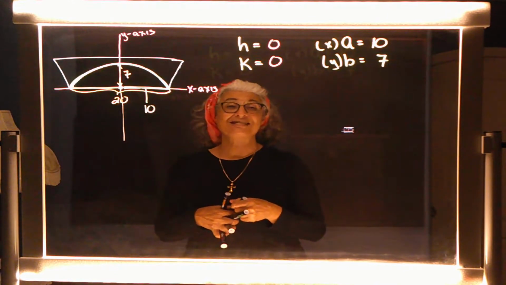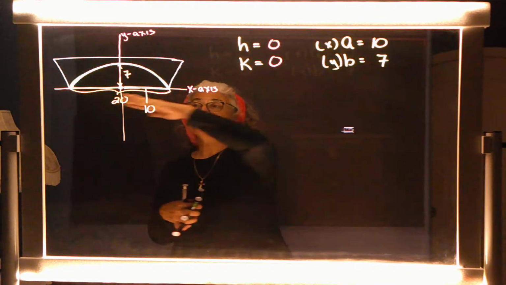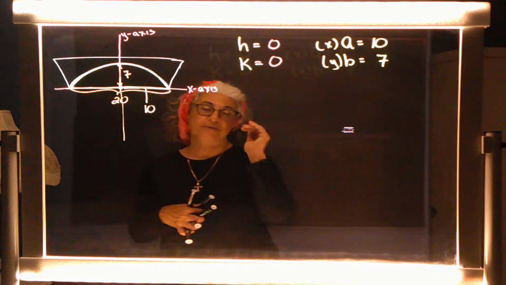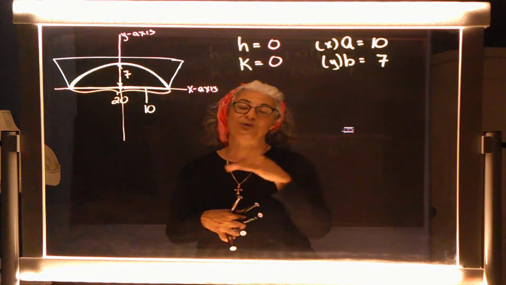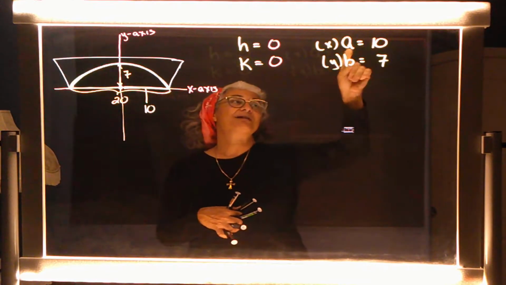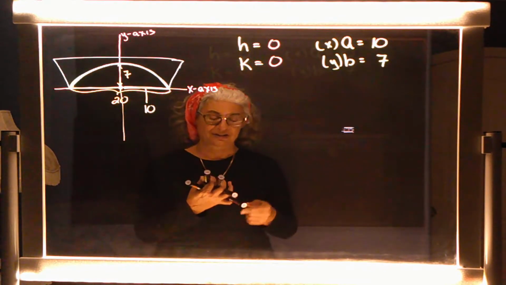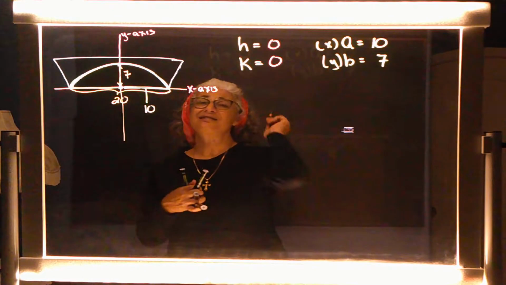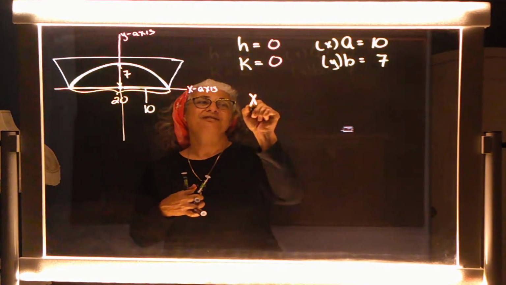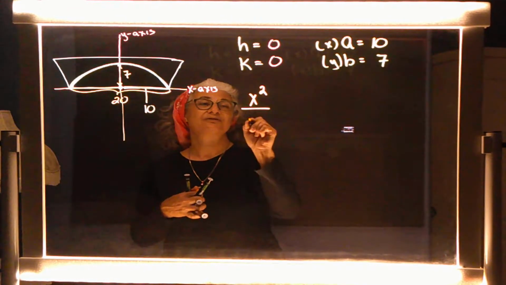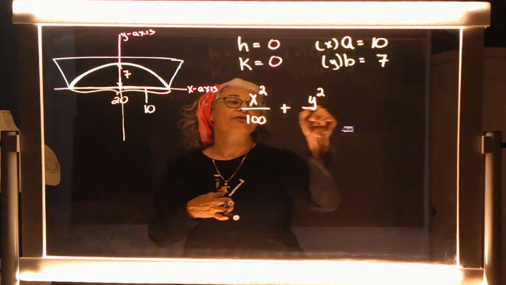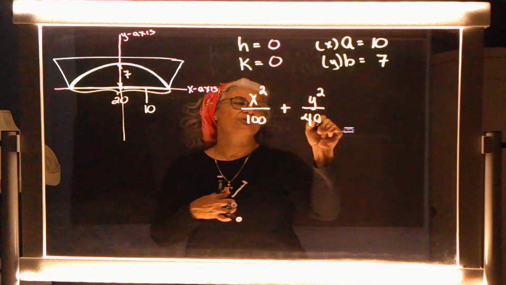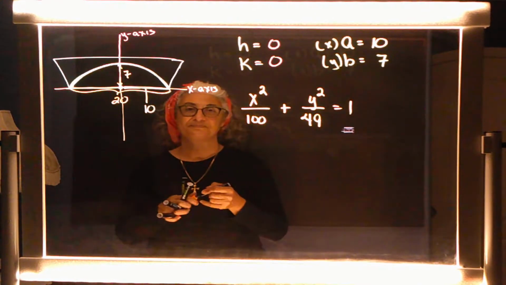So this is definitely an ellipse with a horizontal major axis because the x direction is larger. And that means I'm basically going to have x squared over 100 because I got to square that a, and y squared over 49, good, equals 1.